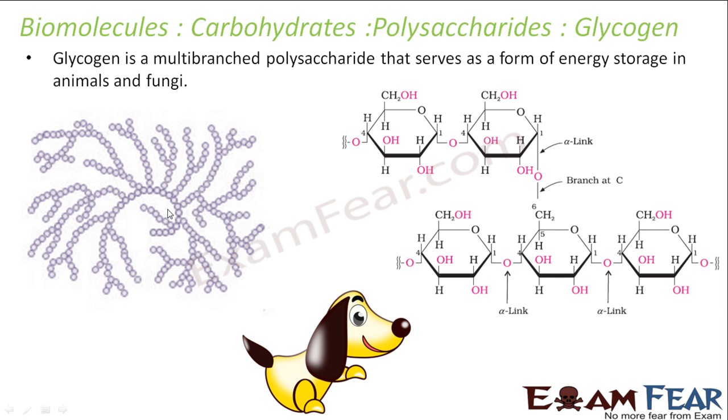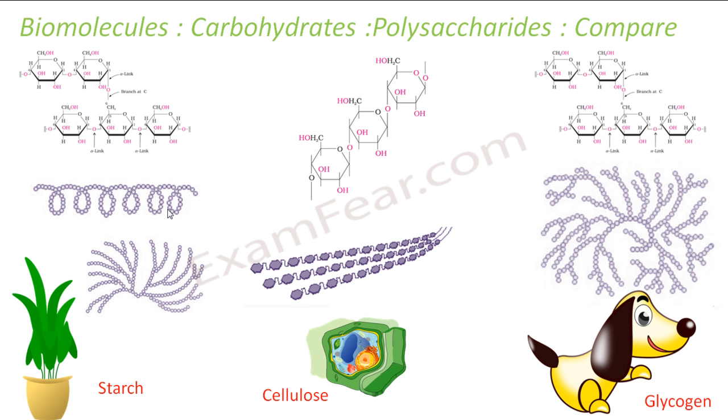Now let's compare all three polysaccharides we have learned: starch, cellulose and glycogen. Starch is in plants, cellulose is in plant cells, and glycogen is more in animals. The structure of starch and glycogen is almost the same, just a little more branched.